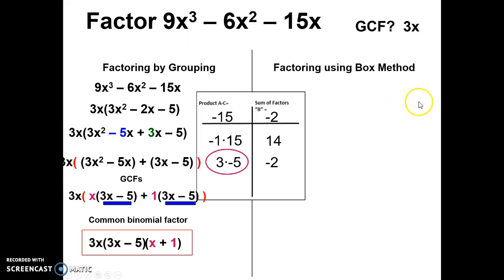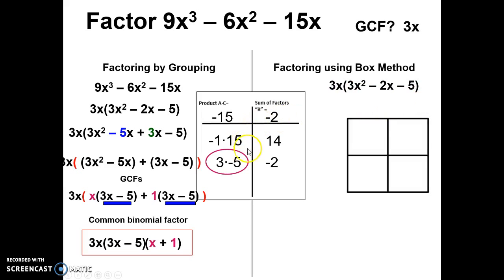If we're using box, we still have to take out the GCF. We still have to use the AC method. 3x squared goes here. This negative 5 goes here. The 3x and the negative 5x. Okay? GCF in this row. GCF in this row. Because the adjacent box is negative, this term has to be negative.